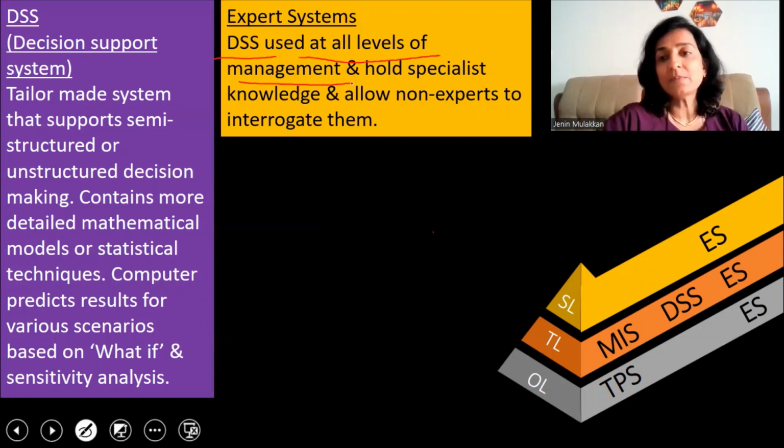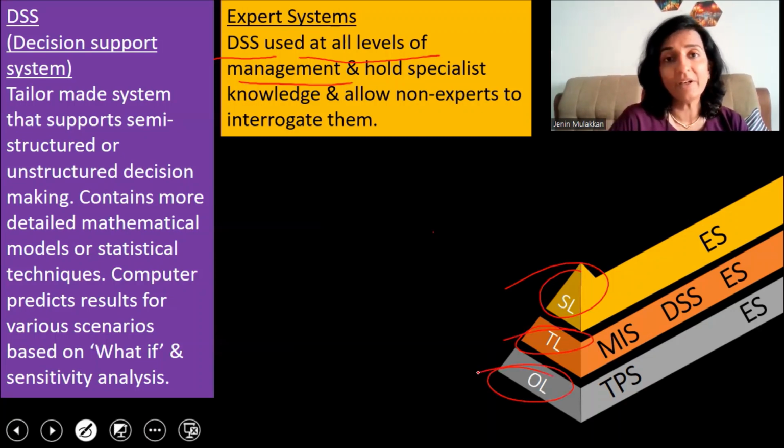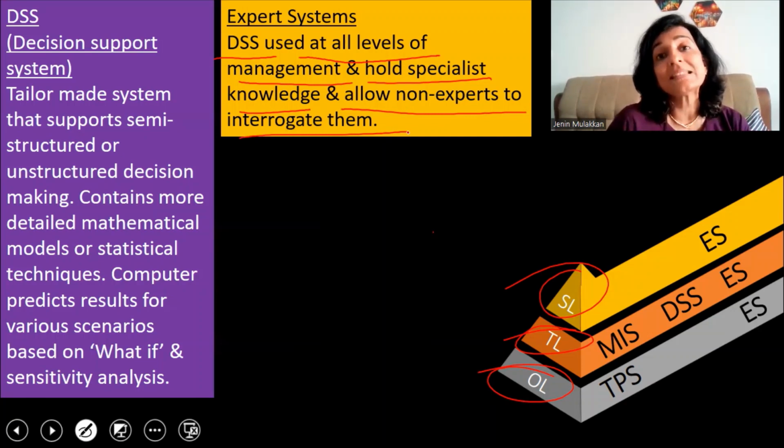So expert system can be used by the strategic level, the tactical level, and also by the operational level. And it holds specialist knowledge, and it allows non-experts to interrogate them. Interrogate them means ask questions to them and get the answers.